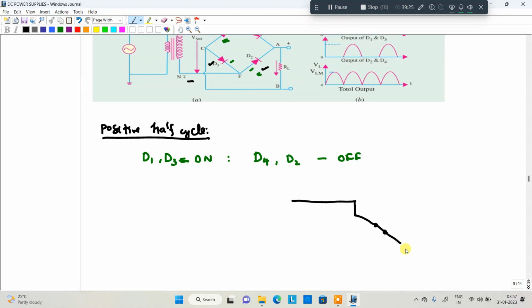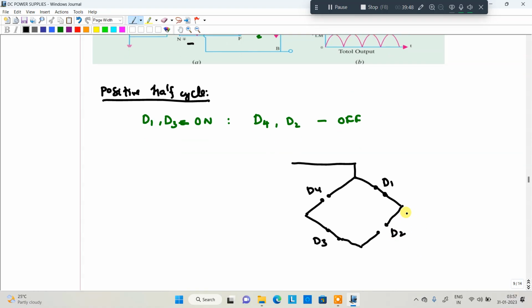Next, this particular diode is off state. Next, D3, D1 is here, D4 and D2.